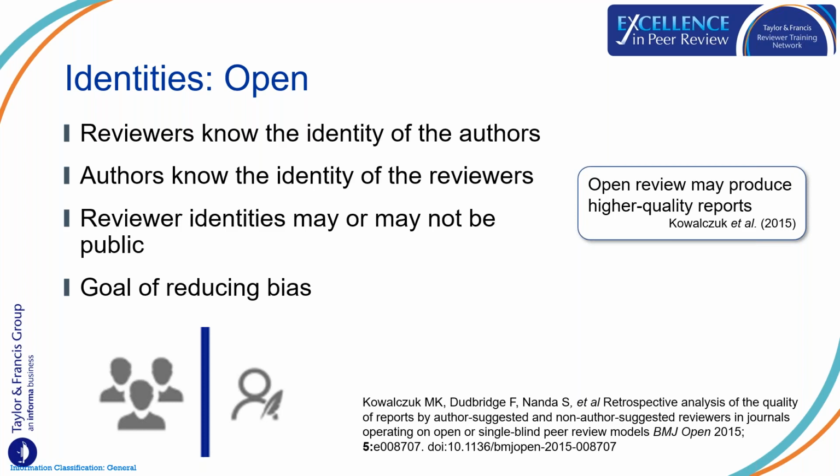And in some open peer review journals, the reviewer identities are either noted on the article, so it's clear who reviewed it, or if the reports are published, then it might include the reviewer name on that report. So it's important, again, if you're reviewing for an open peer review journal, to know exactly who's going to find out who you are and how that information is going to be shared.